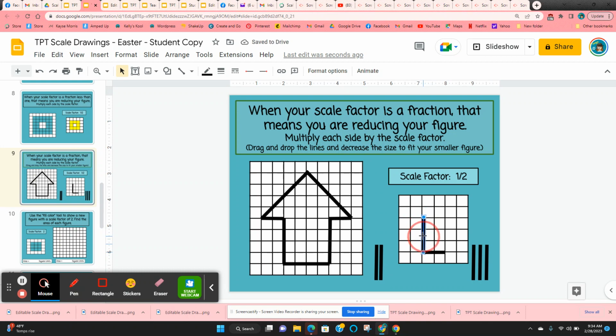That'll take a little bit of practice. Now these little side measurements, if you take 2, divide by 2, they will now be 1.